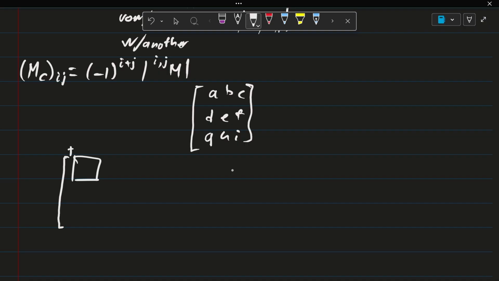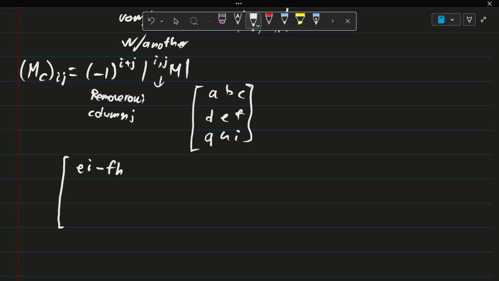And then you take the determinant of M_ij. This means that you remove row i and column j. So remove row 1, column 1, and then you take the determinant of E, F, H, I. So it will be EI minus FH.